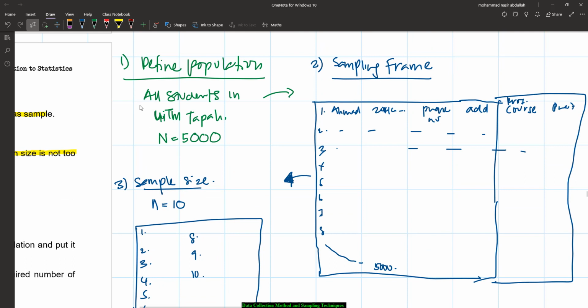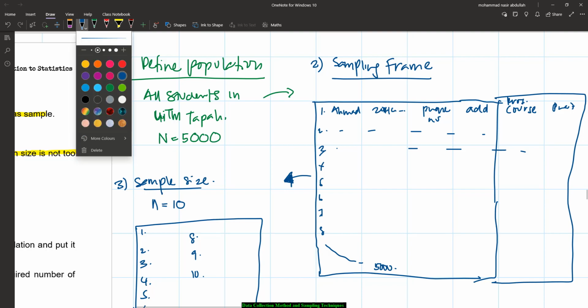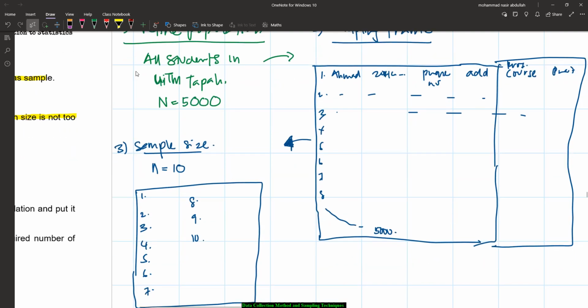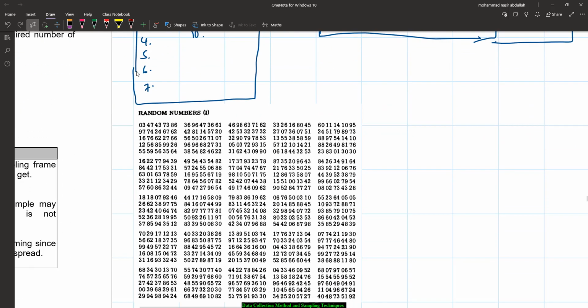Step number 4, we need to specify our sampling method. In this case we want to use simple random sampling. Step number 5, we begin selecting the sample. Now, in simple random sampling, the first sampling unit to be selected is based on a random number.